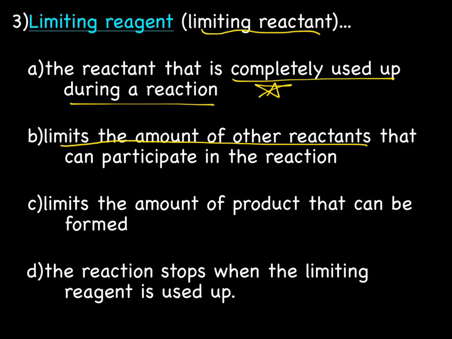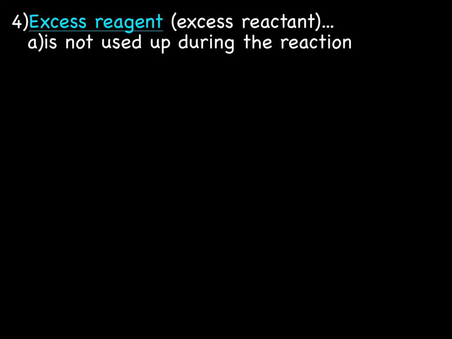Limiting reagents also limit the amount of product that can be formed, because if you have a limited amount of reactant, you can only make so much product. And the reaction stops when the limiting reagent is used up. The opposite of a limiting reagent is an excess reagent. An excess reagent is not used up during the reaction.